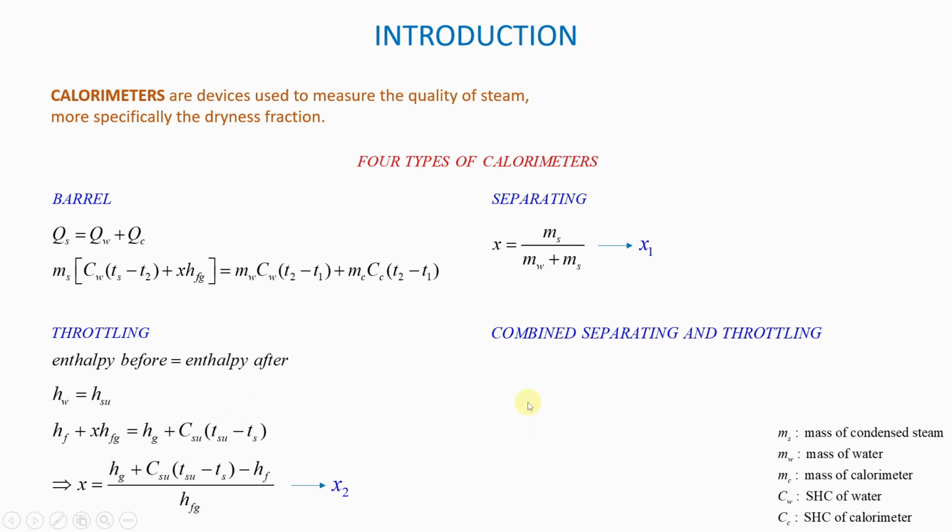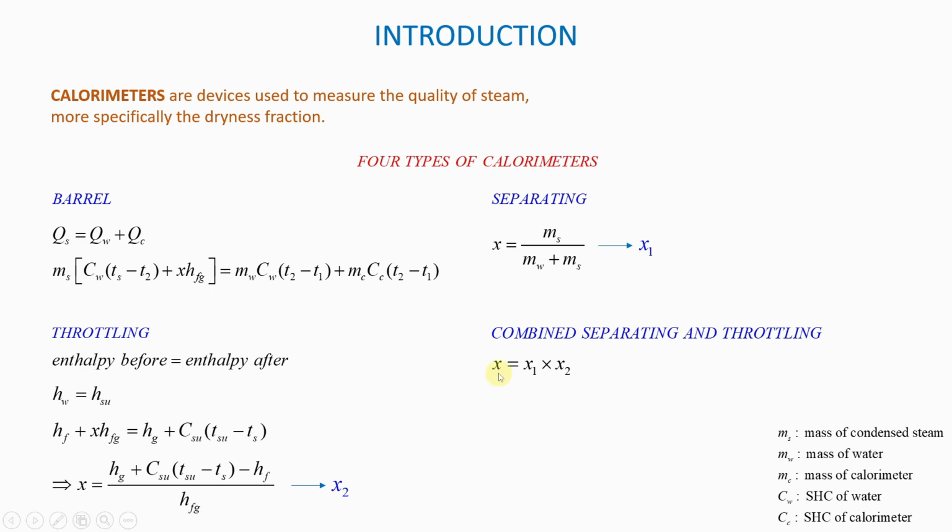And so to get the dryness fraction of a combined separating and throttling calorimeter, all you need to do is to multiply the two dryness fractions. And so that is now x, okay? This x is actually the dryness fraction of the combined separating and throttling calorimeter.